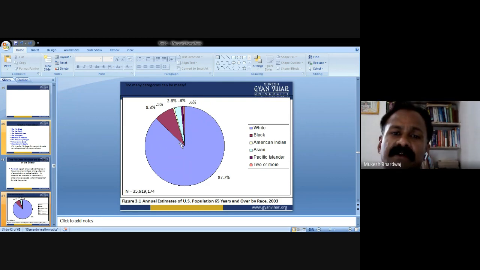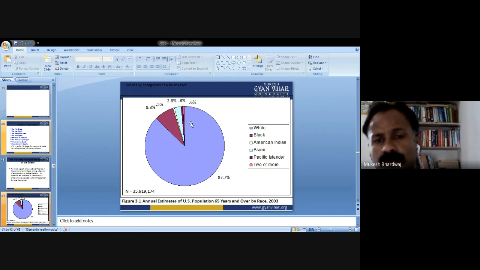Blacks have a population of 8.3%, which is shown through the maroon color. 0.5% are the American Indian. 2.8% is the Asian. 0.8% is the Pacific Islanders, and 0.6% are the others.